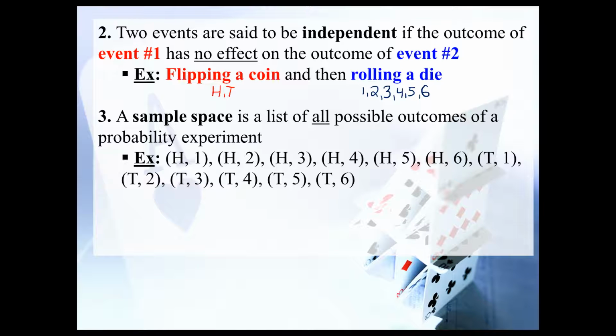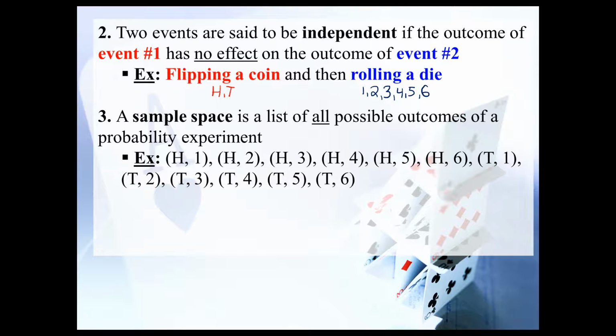Okay, so what a sample space would do is it would list all possible combinations of flipping a coin and then rolling a die. The way we show a sample space is we show the outcome in a set of brackets and then separate it from other outcomes with a comma. So for example, in brackets here, we have H comma 1. That would mean you flipped heads and you rolled a 1.